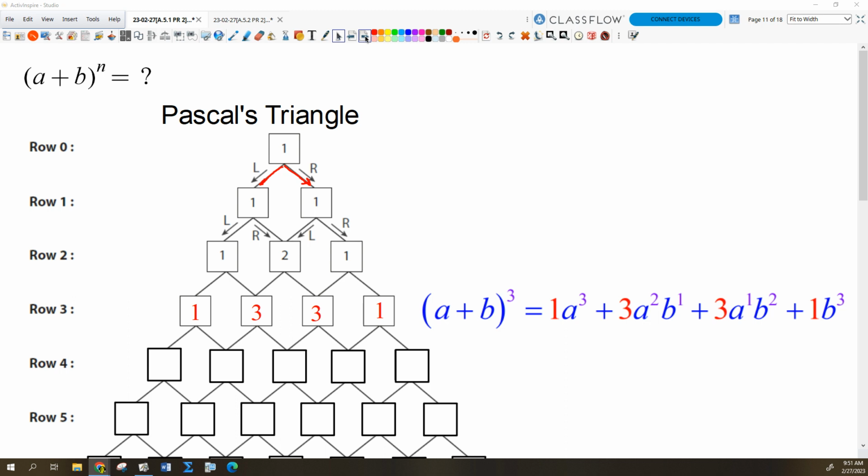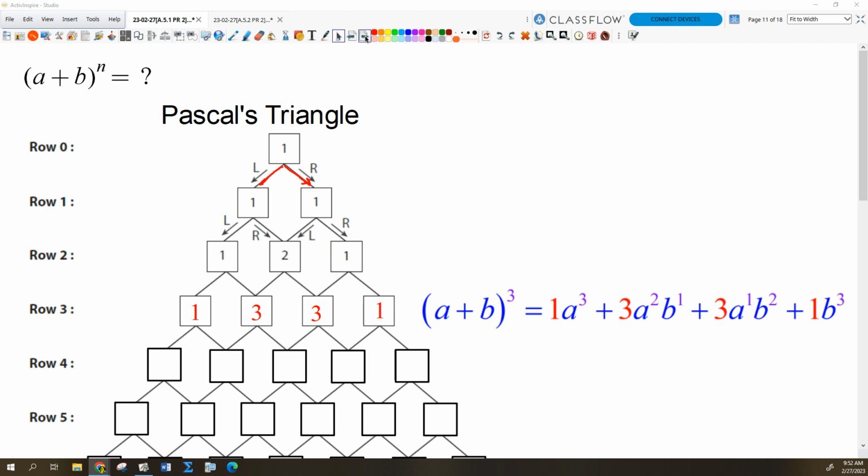And as we walk from the left to the right through those terms, by the time we get to the right term, all of that exponent has been shifted over to be attached to the b instead of the a. In the middle, as we move from left to right, from term to term, the power of the factor a is always going to drop by 1 as the power of b increases by 1, so that the sum of the two always stays 3, right?